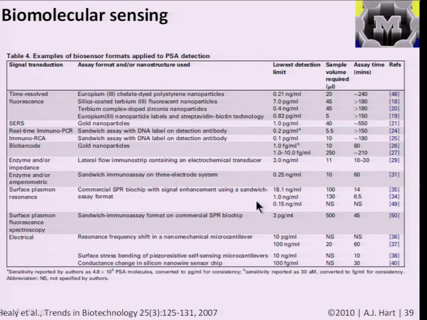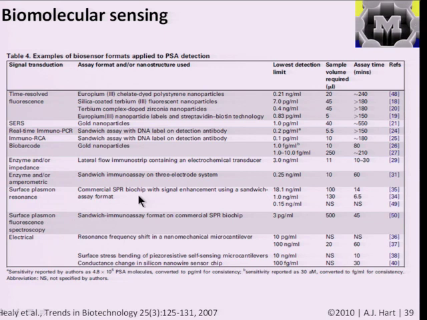And in fact, here they're comparing. This paper is solely on use of different sensors to detect prostate-specific antigen. And you're welcome to look at this as a reference, for example, to see how the sensitivities of different detection schemes compare. You can see, for example, typical SPR instruments, commercial chips that use what's called a sandwich assay.